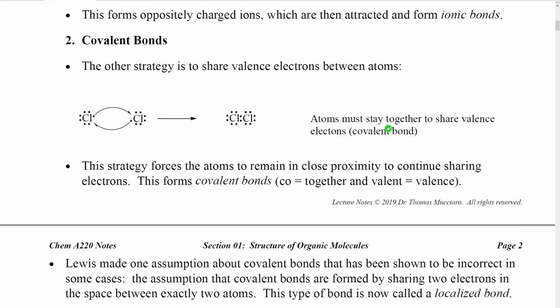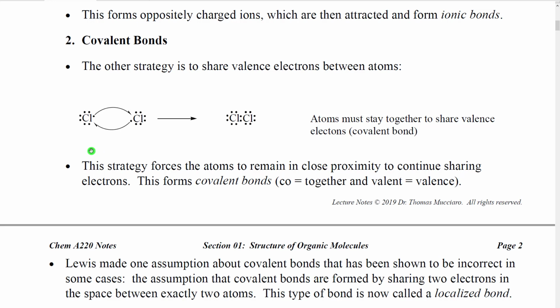The other strategy is to share the valence electrons between the atoms. Here's an example. These two chlorine atoms each have 7 valence electrons. Neither of them is willing to give up electrons to the other atom because they're so close. They really want to just gain electrons.